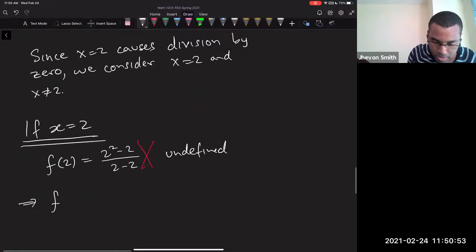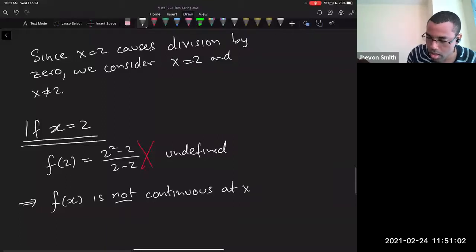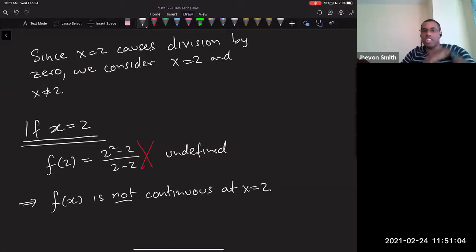So automatically we get that f of x is not continuous at 2. Okay, I just need to show that one of these three things messes up, and I checked the definition, right? So I went to step 1. Is my function defined? No, it's not defined. It's undefined, right? So it's not continuous there. I don't need to check the other two. So now, all right, I know that if I'm at 2, not happening, no bueno, not good.